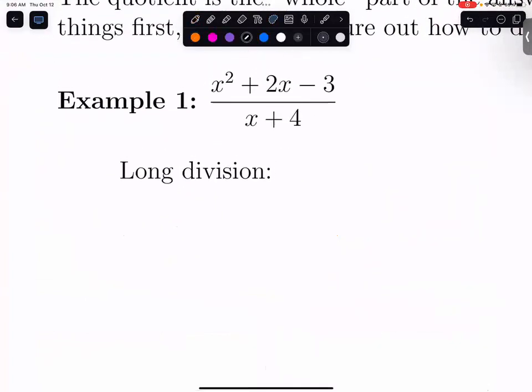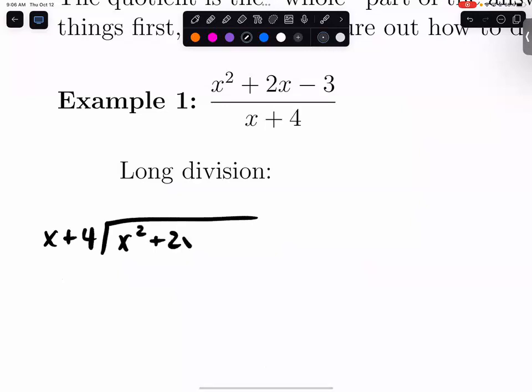So what we're trying to figure out is how that works here. If I want to divide x squared plus 2x minus 3 by x plus 4, I'm going to set it up the same way. Now, doing division with numbers, the reason that we start with the first place is to figure out how many times it would go into the biggest chunk, right?